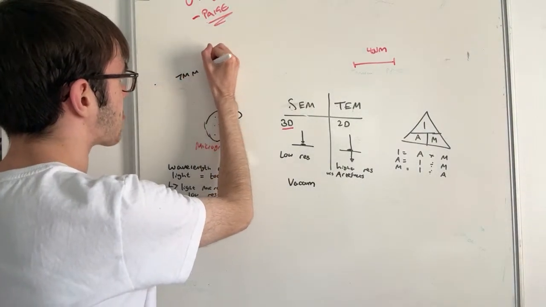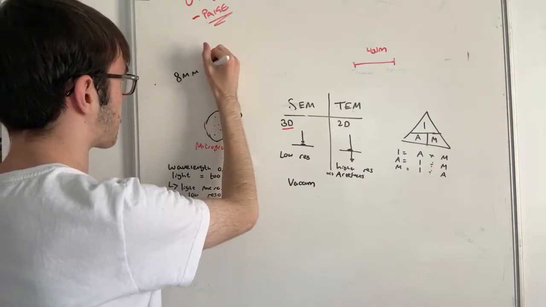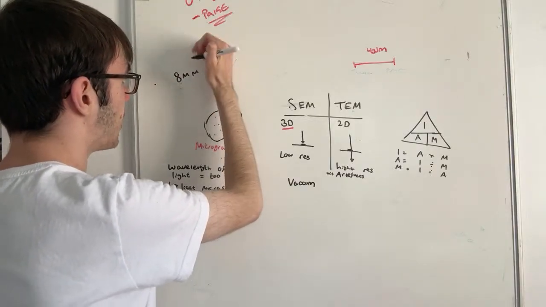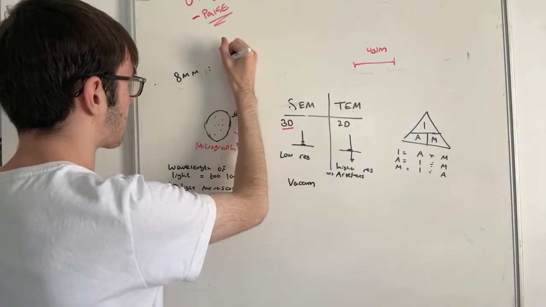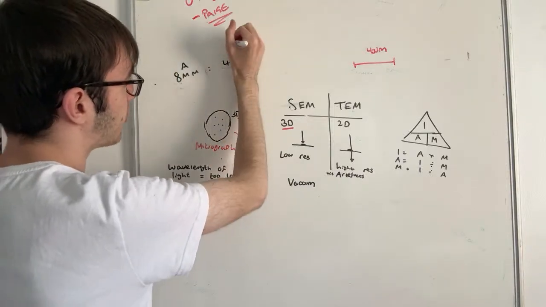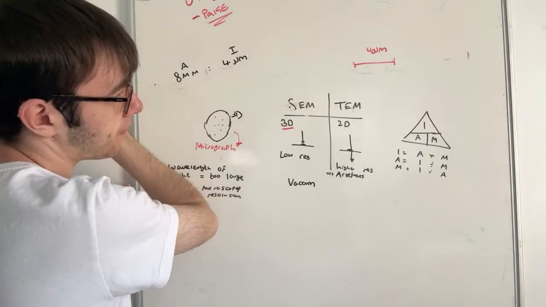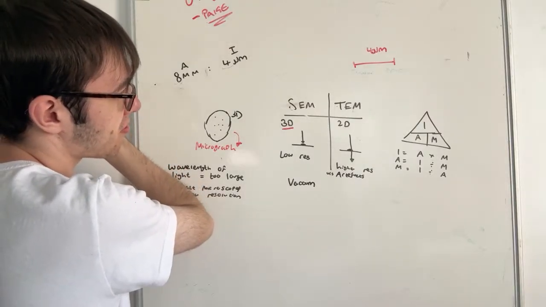Let's, just for the sake of doing the math easier, we'll round it to 8. 8 millimeters is equivalent to 4 micrometers. So we are given the actual, we are given the image. Now we need to convert these.